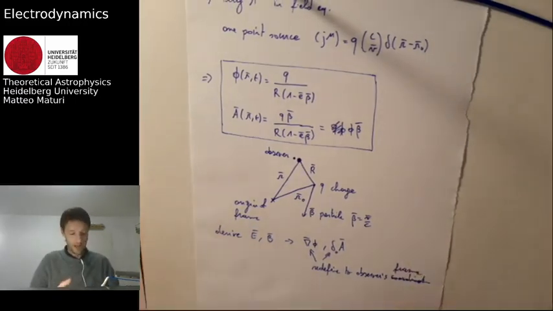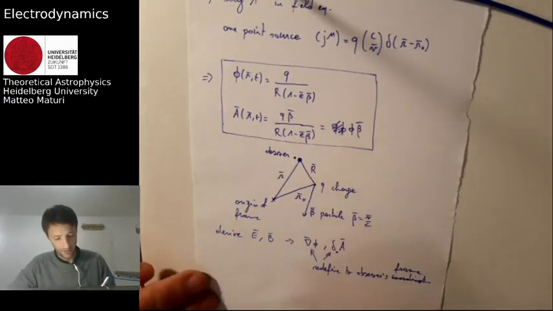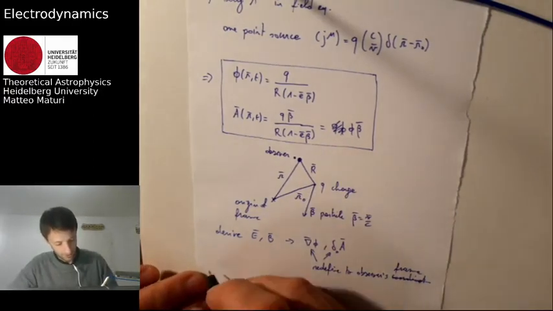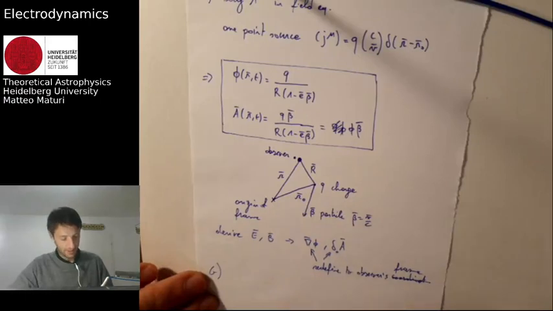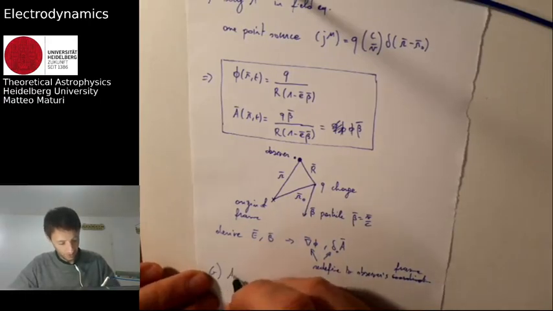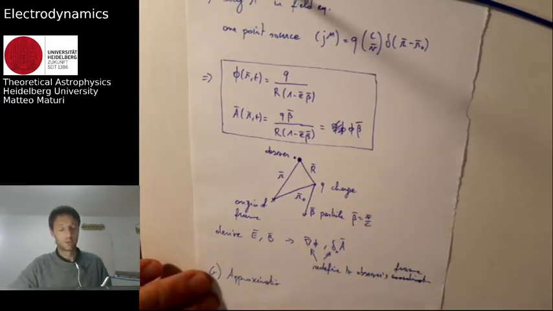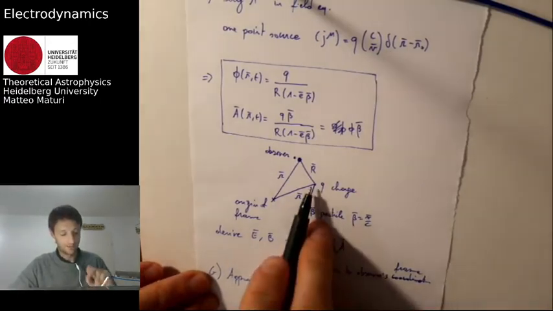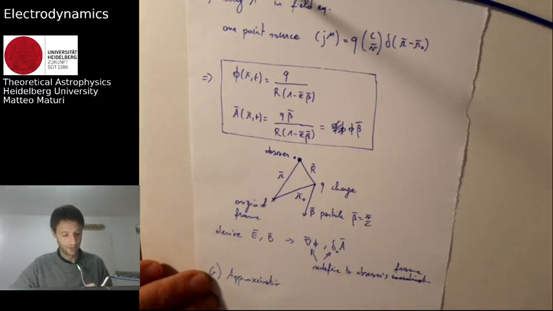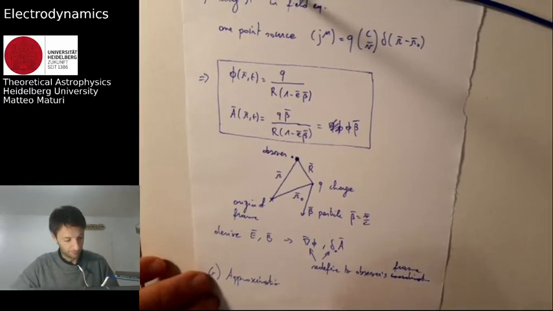Okay, after you do that, to have an explicit relation for these potentials, the last step, we make an approximation. We take the approximation that the charge is very far from the observer. Or if you wish, we are assuming that the observer is very far away from the charge.